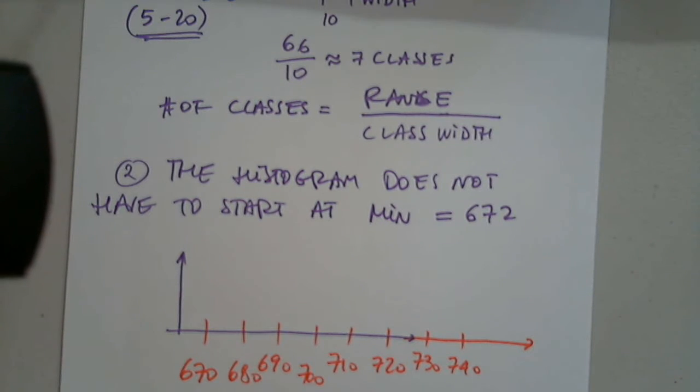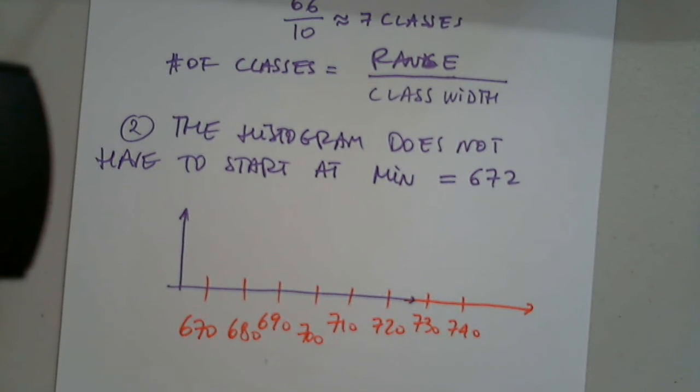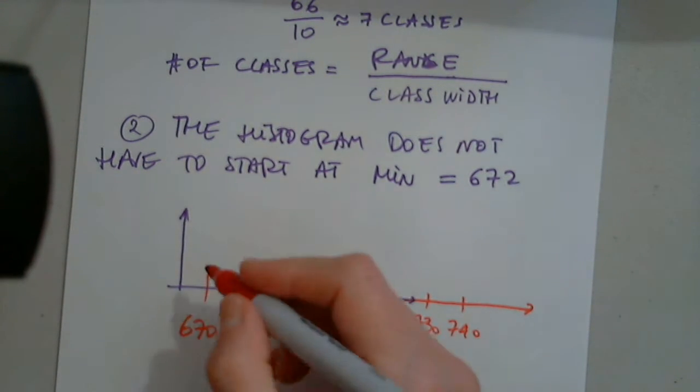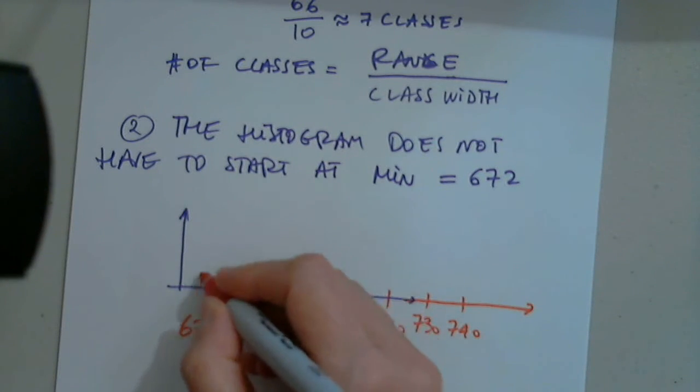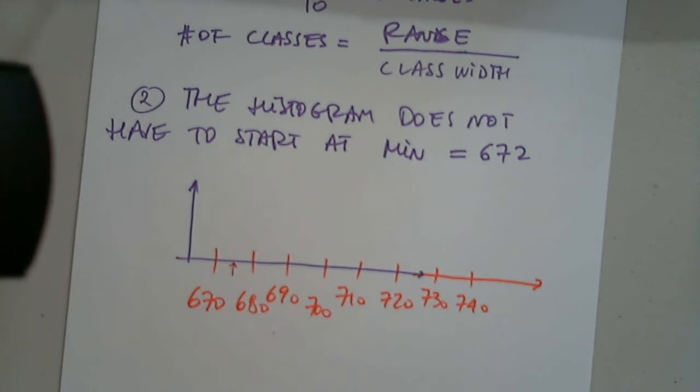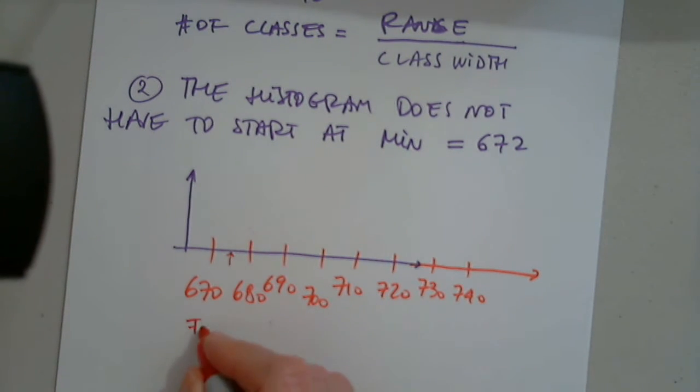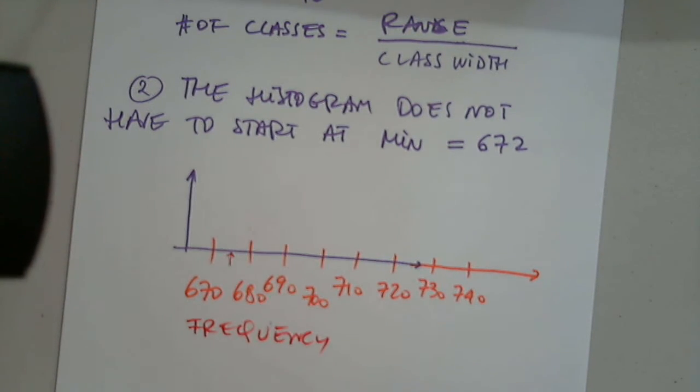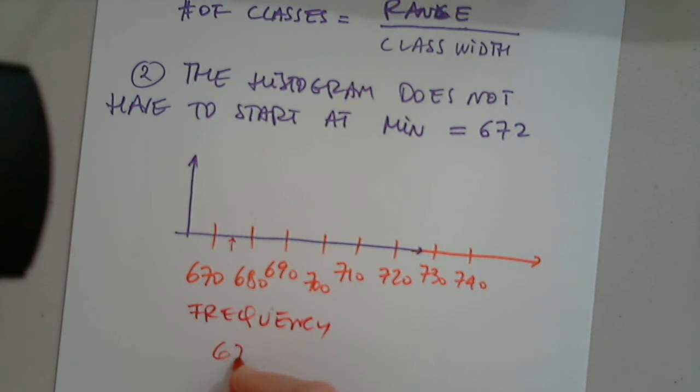What will I do next? In order to start my histogram, I will start here with the first height, but I have to know how many I have between 670 and 680. So I have to determine the frequency table, the frequency distribution. First between 670 and 680, between 680 and 690, and so on.